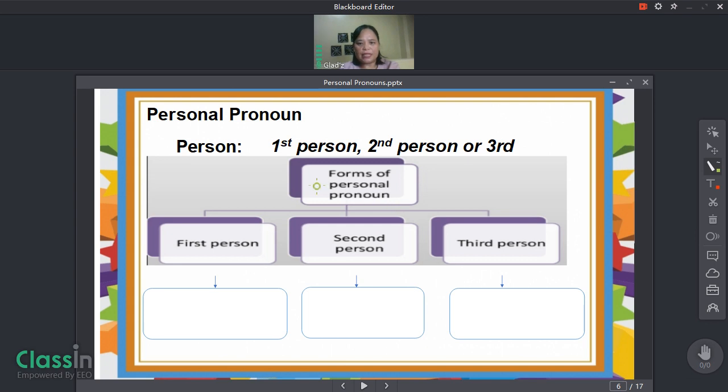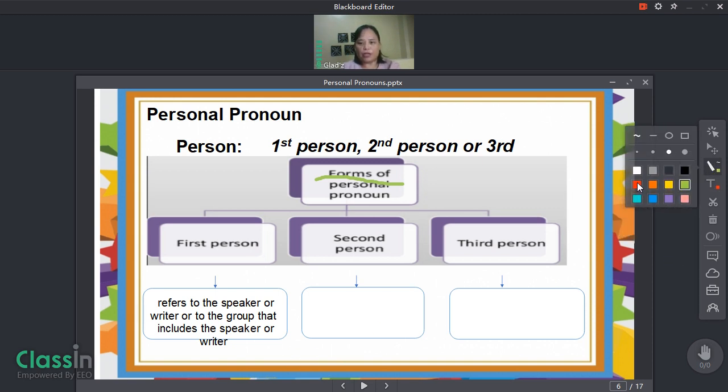So first we have the first person. What is that? When we say first person, it refers to the speaker or writer, or to the group that includes the speaker or the writer.